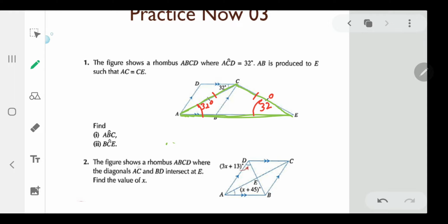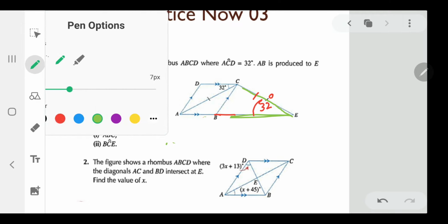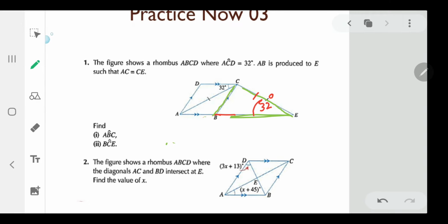This angle will be 32 degrees. Now we have to discuss this triangle first. Here we have to calculate the angle BCE. Now this angle is 32. This is the angle we have to find out. What will be this angle?